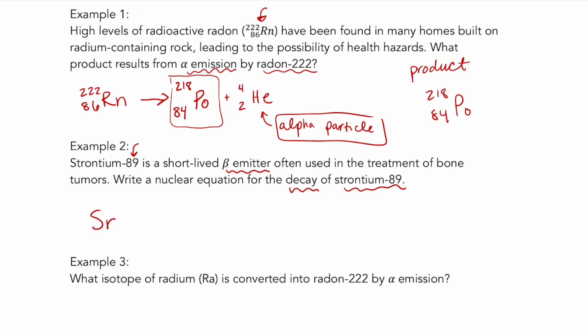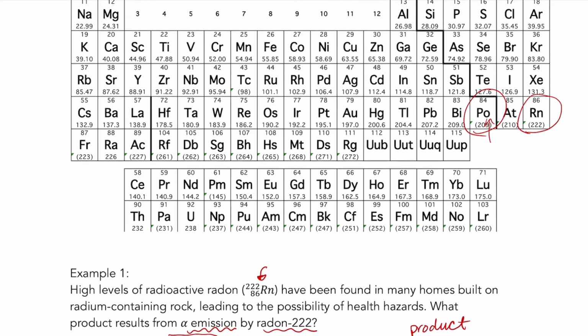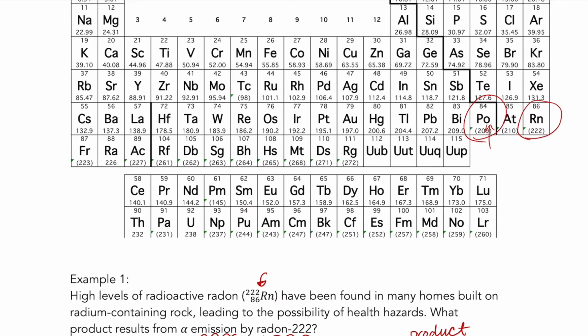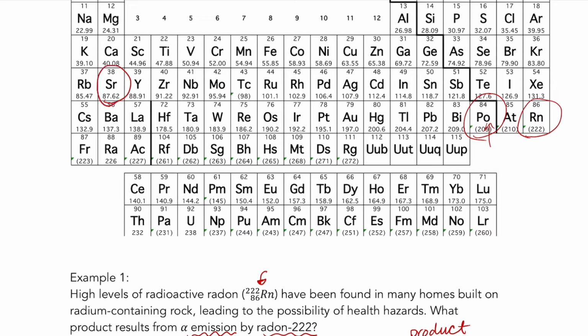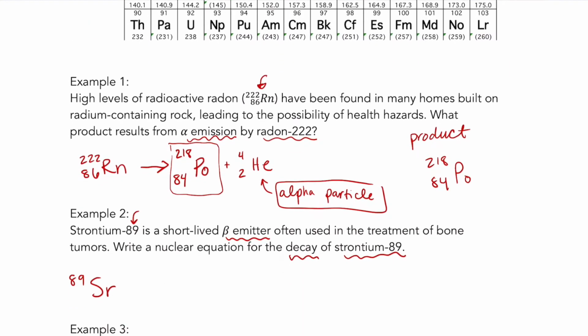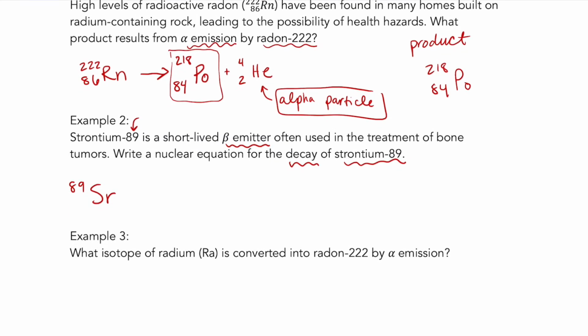So I'm starting with strontium-89, I think that's Sr, and I have to look, because the problem doesn't tell me what the atomic number is. I know that the mass number is 89, but I need to look it up on a periodic table. Strontium is here. Strontium has an atomic number of 38.